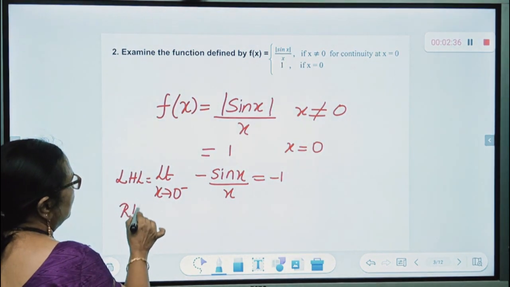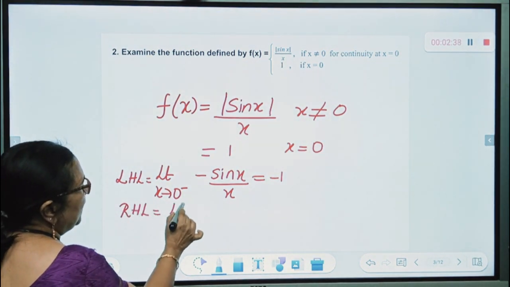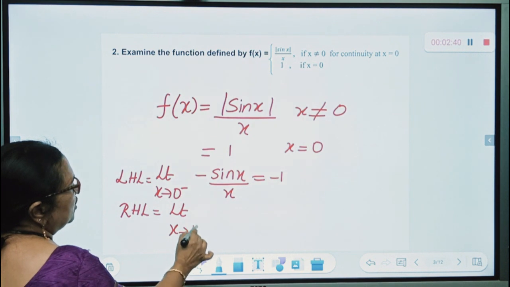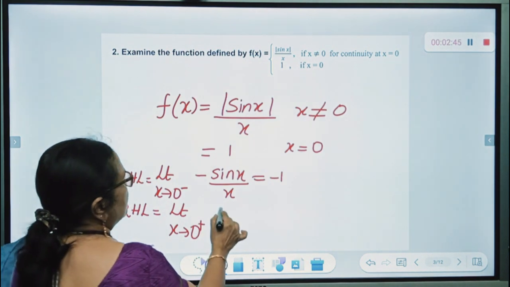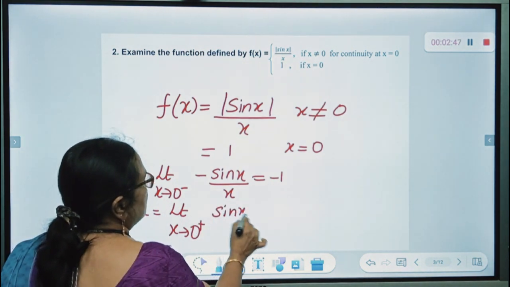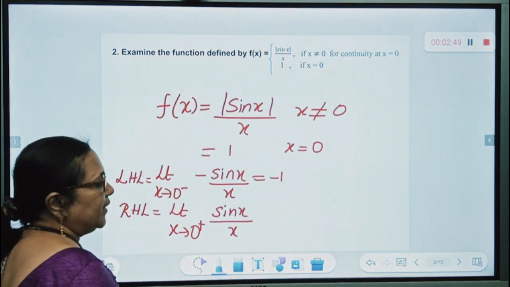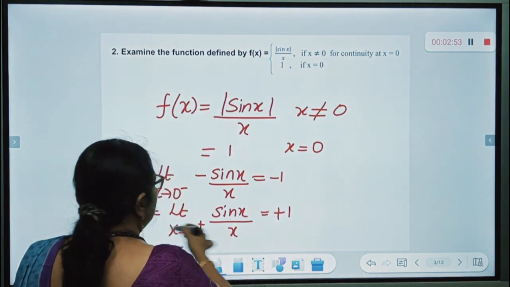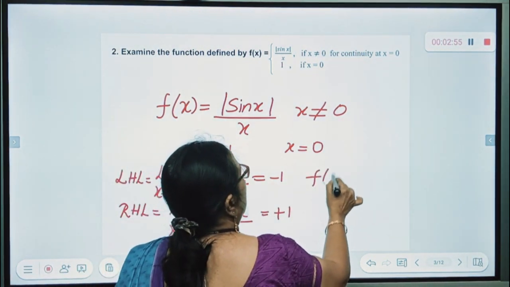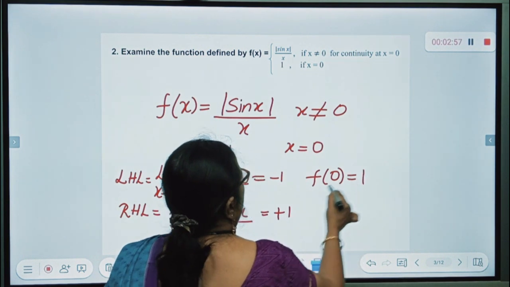Whereas your right hand limit will be limit x tending to 0 plus, okay, modulus of sin x by x will be sin x by x, because 0 to pi by 2 first quadrant, therefore it is plus 1. In fact, you don't even have to check that f of 0 itself is 1, right?